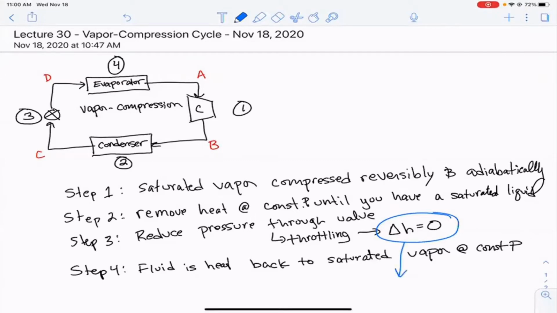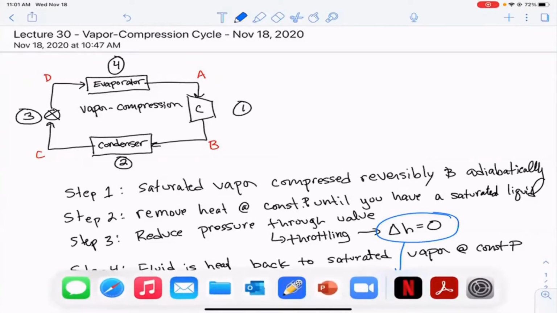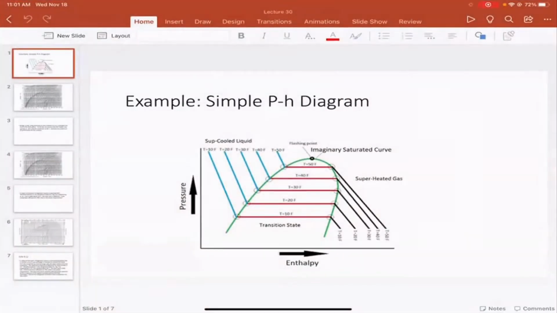For refrigeration cycles, it's much less common to use a TS diagram, and it is much more common to use a pressure enthalpy diagram. Okay, and I know that you guys haven't seen one before, so I'm going to start by showing you an example for a pressure enthalpy diagram.